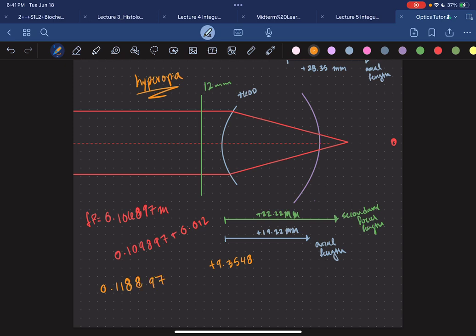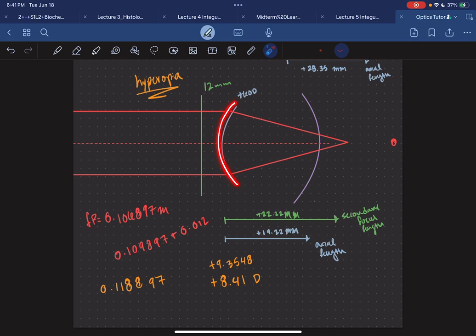Then to find the power of the glasses, we'll do 1 divided by what we just found. And so the glasses will have to be a plus 8.41 diopters-ish. So hopefully that helps describe the difference between when we use a contact lens versus glasses, and how to use the far point to find the prescription of the glasses.